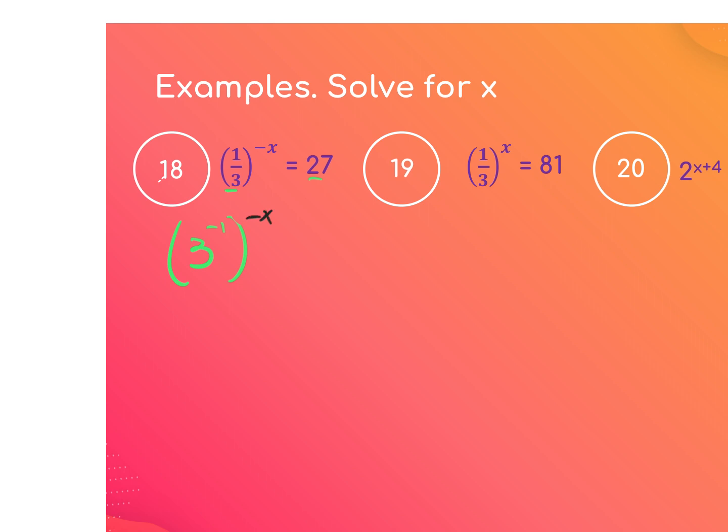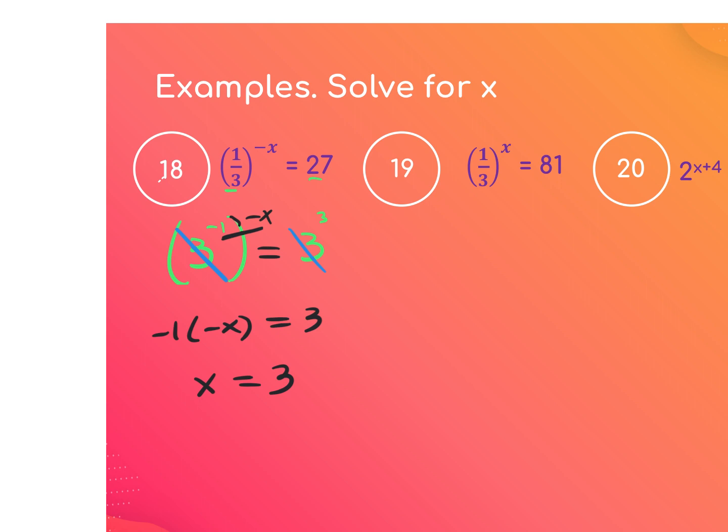And then I have the 27, and I'm going to change that to 3 to the 3rd, because 3 times 3 is 9, times 3 again is 27. Now that I have the same base, get rid of the 3's, and now you're going to take the power to the power here, multiply the negative 1 times negative x, and this gives you positive x equals 3. So x equals 3.